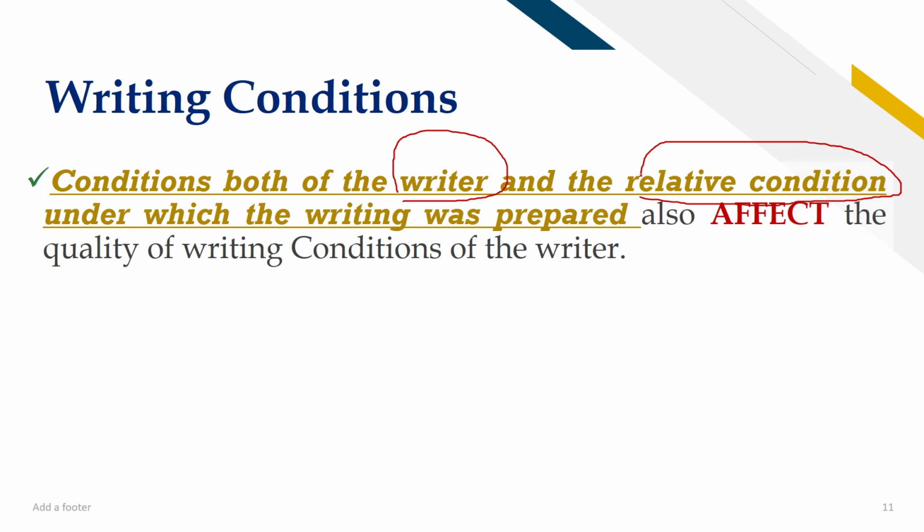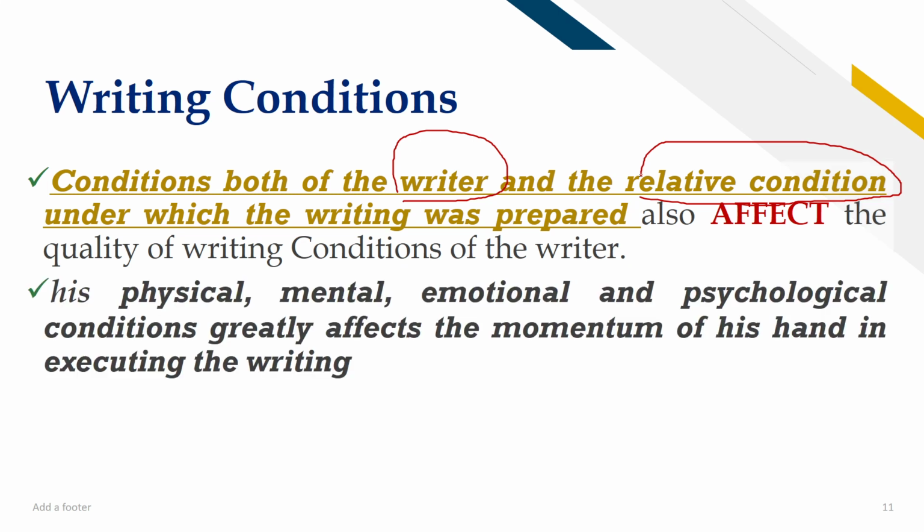Okay. So next, physical and mental and emotional psychological condition. These are also intrinsic factor na pwedeng makaapekto dun sa momentum ng pagsusulat ng isang writer. So, you have to consider, as a document examiner, also these facts. Okay? Same goes with mechanical factor.